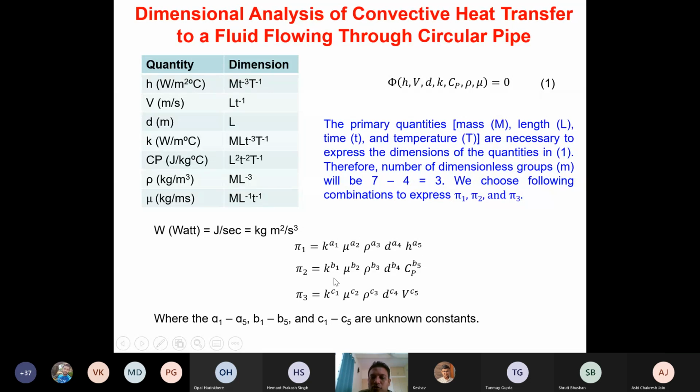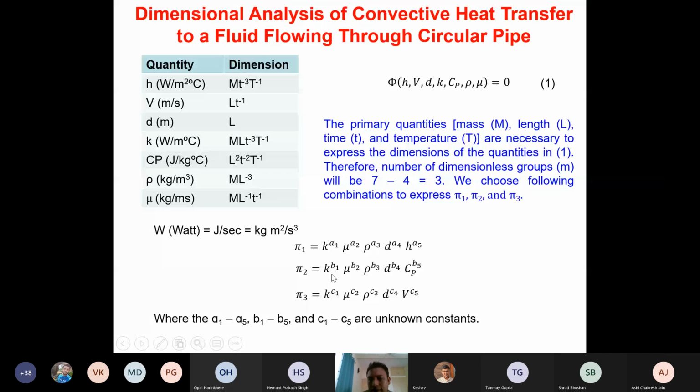For pi 2, k raised to the power b1, mu raised to the power b2, rho raised to the power b3, d raised to the power b4, and Cp raised to the power b5. Similarly, pi 3 is k raised to the power c1, mu raised to the power c2, rho raised to the power c3, d raised to the power c4, and v raised to the power c5. Here a1 to a5, b1 to b5, and c1 to c5 are the unknown constants.